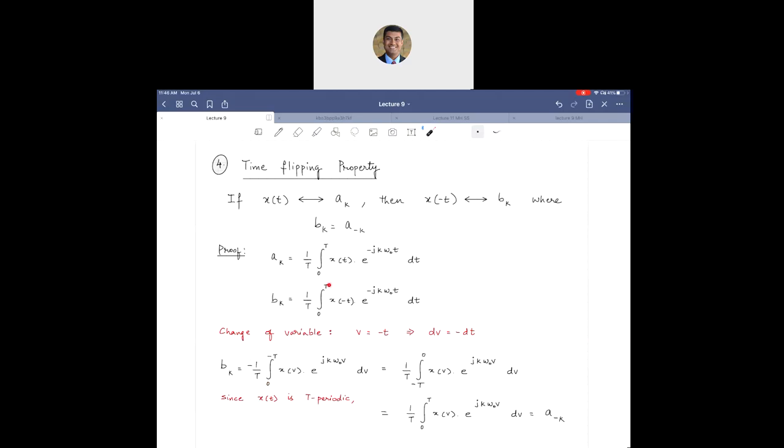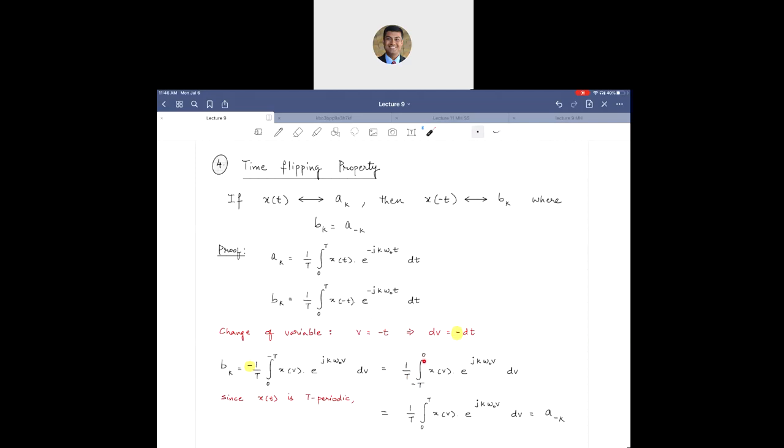My upper limit will flip to minus T. So b sub k will, because of this minus sign, I have a minus sign there, and I continue to have 1 over T. My integration limits I talked about, x of v e to the jk omega naught v dv, because negative t is v. Simplify, what do you get?